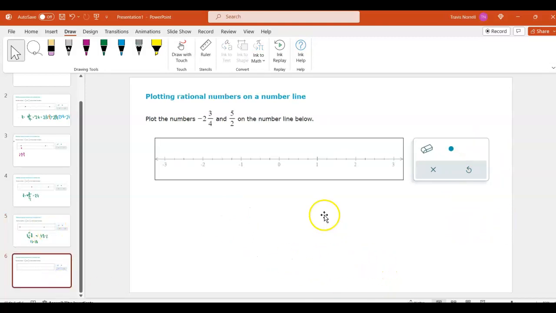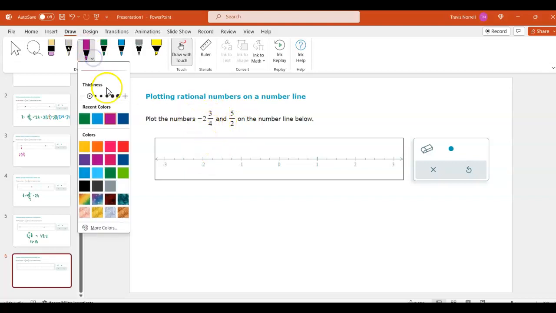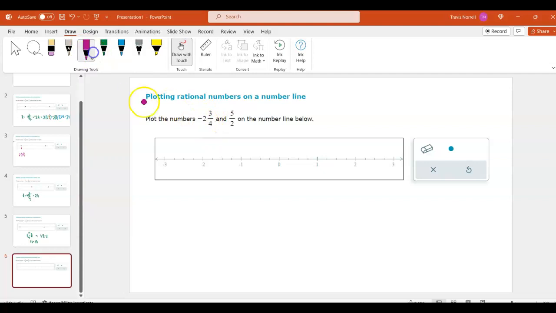Alright, one final one, and then hopefully you'll have a little bit easier concept on this. So -2 3/4 is going to be pretty easy for us. Go to the -2, -2 1/4, -2 2/4, -2 3/4. So there's that first one.